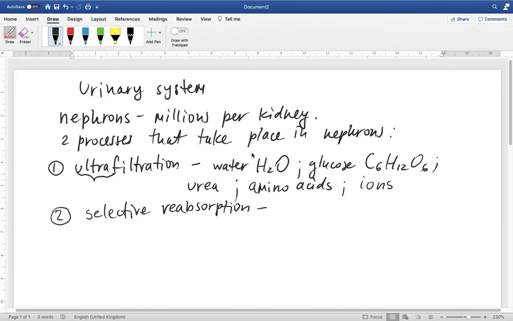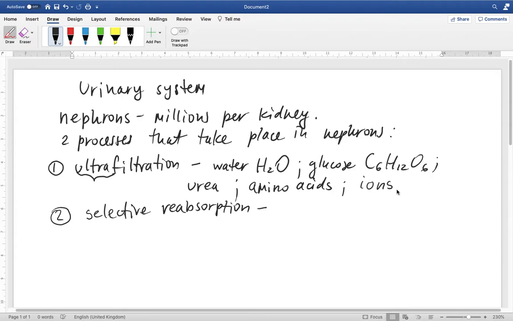So let's again talk about other things. So what about ions? Well, ions, I do need some of the ions, definitely, because I can use ions in processes such as muscular contraction, in processes such as nervous impulse conduction. So I definitely need some ions, but I might not need as much as I have in my body at that point in time.